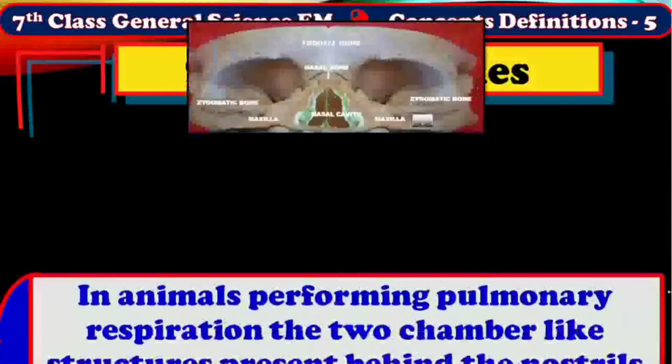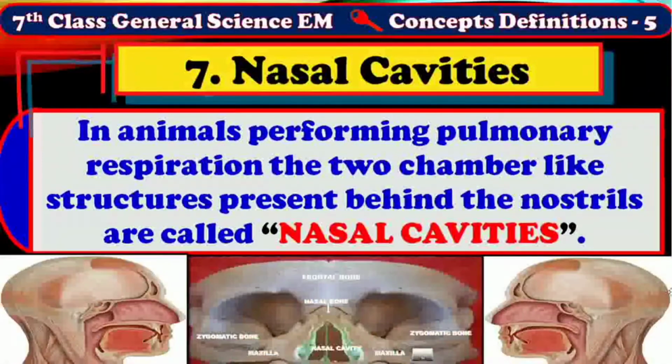Nasal cavities. In animals performing pulmonary respiration, the two chamber-like structures present behind the nostrils are called nasal cavities. The inferior part of nasal cavities contains hair called nasal hair.